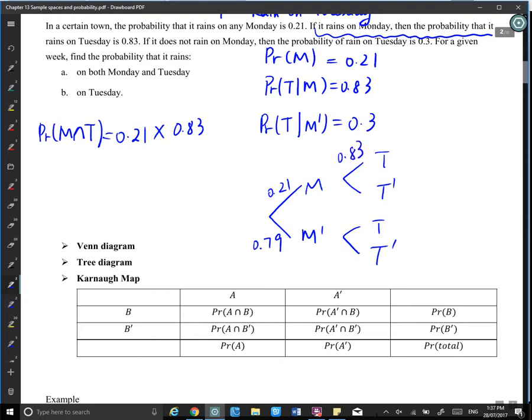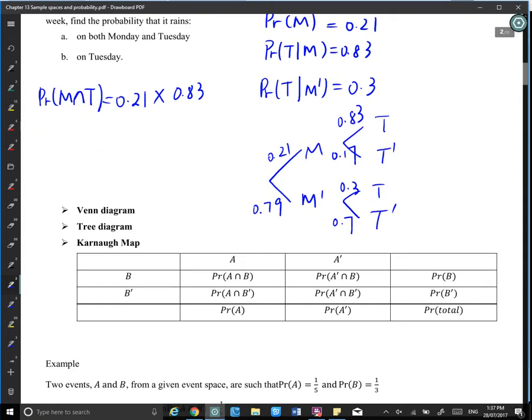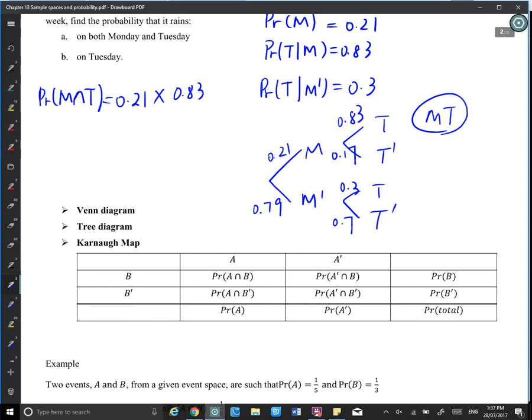If Monday not rain, Tuesday rain is 0.3. Then this will be 0.7, here will be 0.17. That is just a tree diagram. All the information given to you is just a tree diagram. And I want Monday rain and Tuesday rain, the first outcome. So it's 0.21 times 0.83.